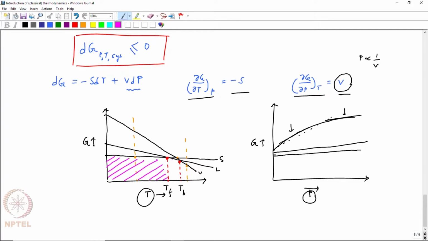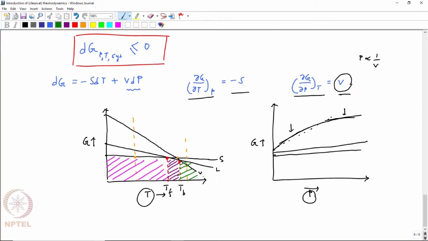Then there is a region where the liquid is the more stable region, and above that the gas is the most stable region. In this particular region, the vapor has the least Gibbs free energy. So we see a transition from solid to liquid and liquid to vapor in this diagram, as we increase the temperature keeping the pressure constant.